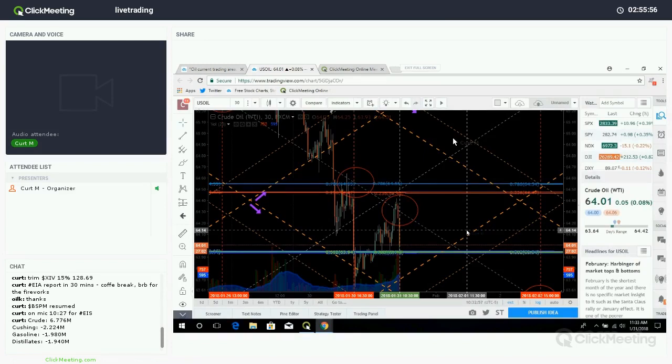Here's your numbers there in the room. Looks like it's headed to the bottom of that quad.